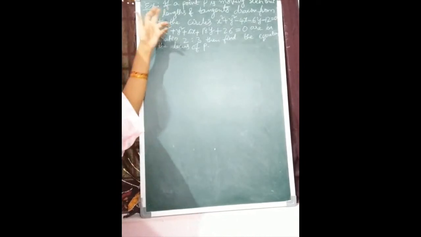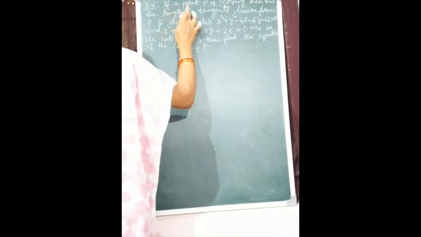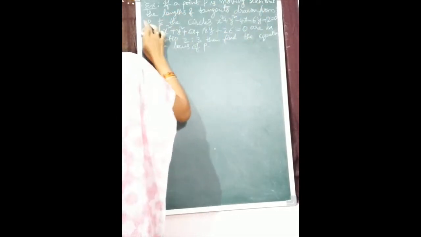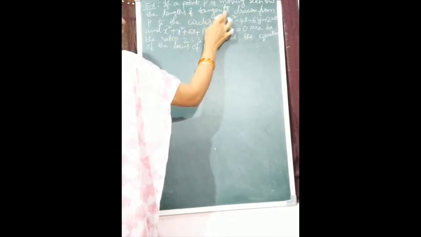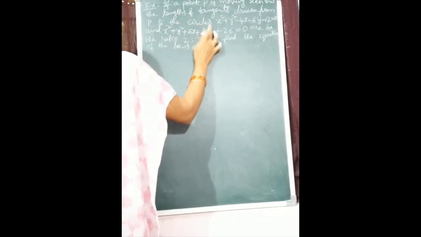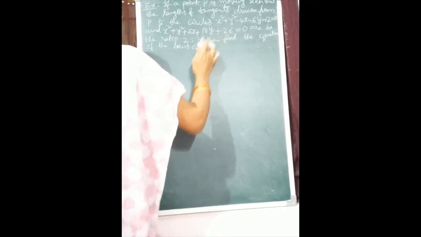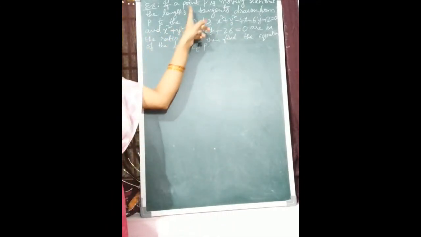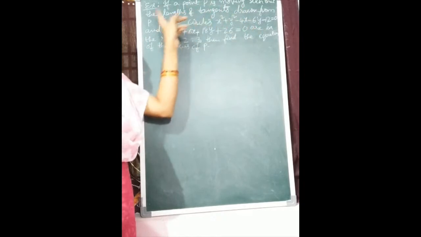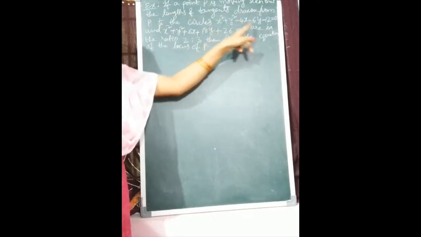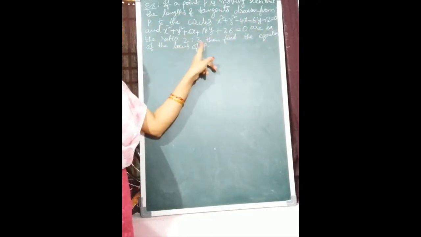Another example about the length of the tangent. If a point P is moving such that the lengths of the tangents drawn from P to the circles... Here they have given 2 circles. The condition is that the lengths of the tangents drawn from P to the 2 circles are in the ratio 2:3.